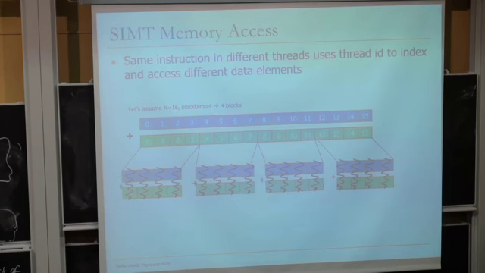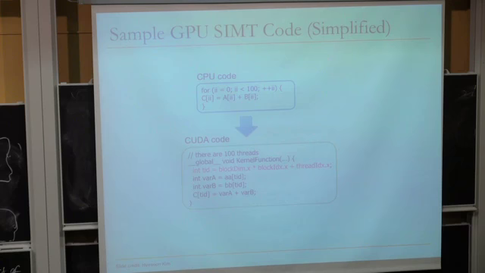Okay, so how do you access the data? Basically, same instruction, different threads, uses thread ID to index and access different data elements. And this is just a picture to show you. If you look at the code that you would write in a GPU, it looks something like this. This is your CPU code of adding two arrays.